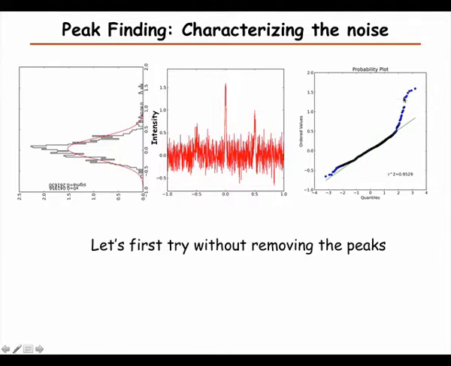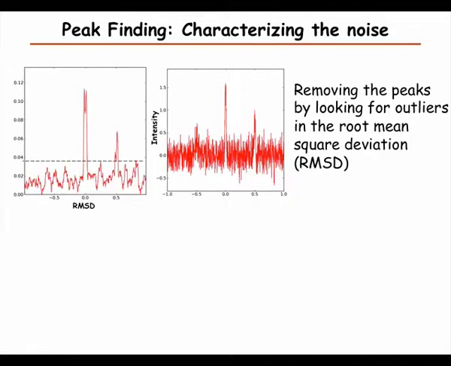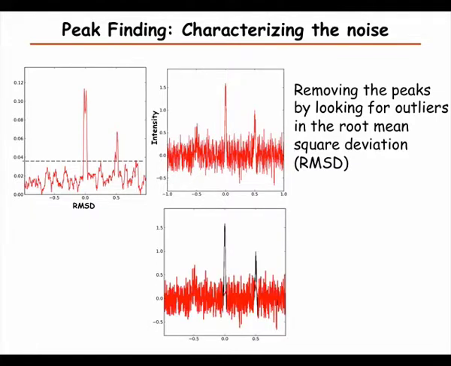So that might not be the best, but we can use what we did before, the root mean square deviation, to remove outliers. So we calculate the root mean square deviation over this spectrum, and then what we get is the red here is the noise and the black the peak.